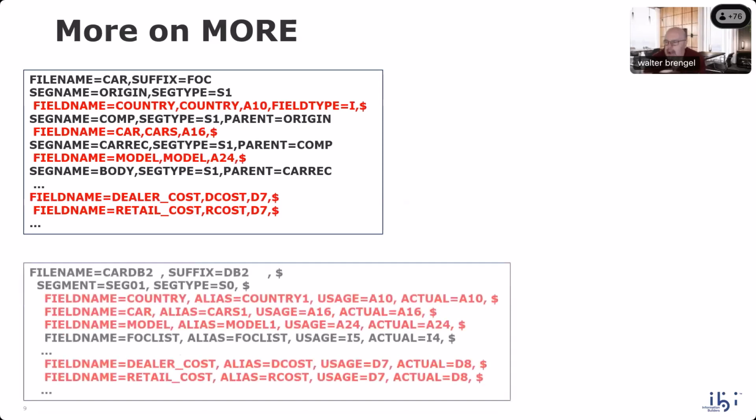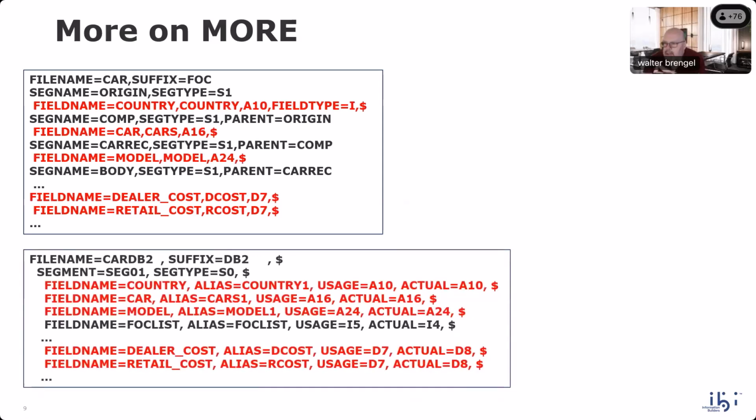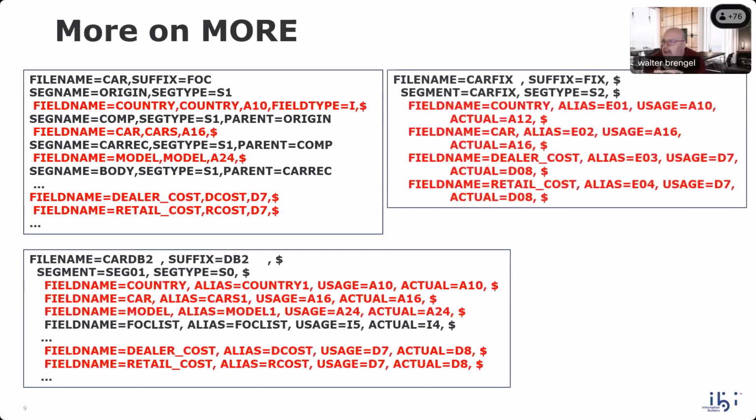Notice we have country is an A10, car is an A16, model is an A24, and dealer cost and retail cost are both D7. The usages are all the same for CAR DB2. And for the fixed one, they're also the same, except the CARFIX does not contain model.